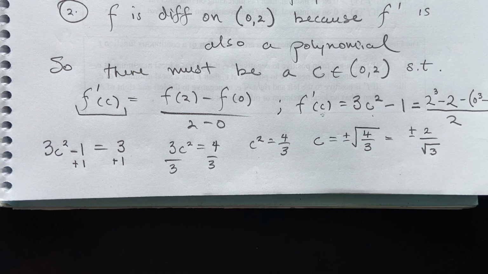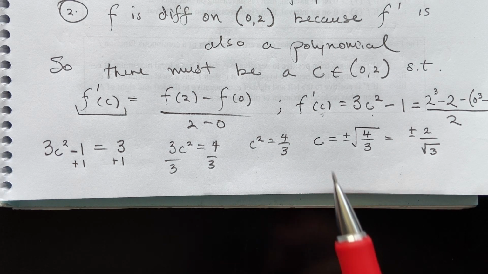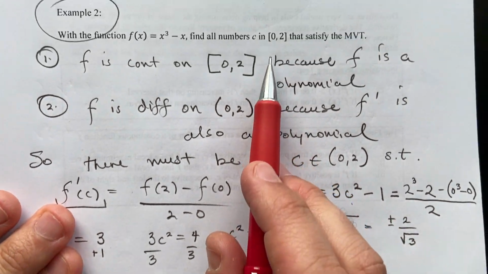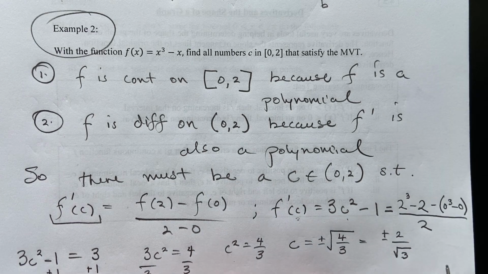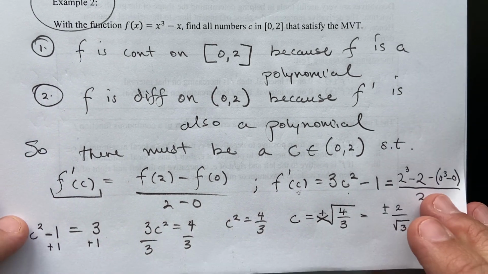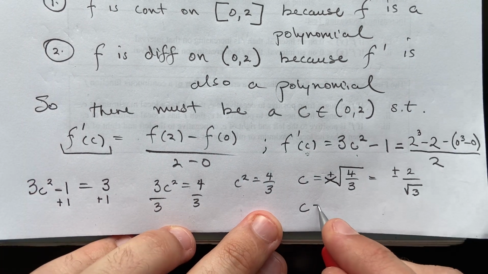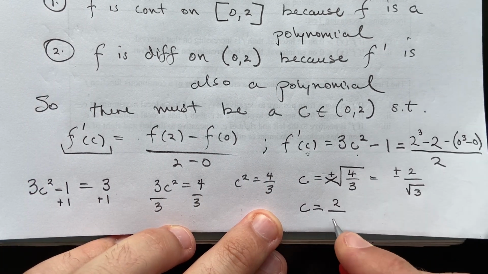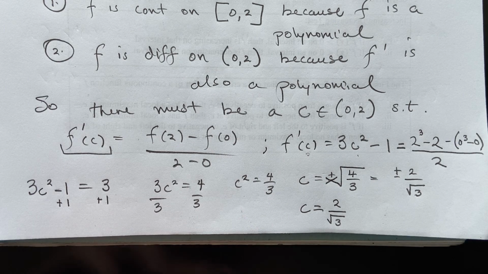Let me just do that real quick. 2 divided by root 3 is 1.15 about. So that does fall in this interval here, this 0 to 2. But I'm going to write it in exact form. So I'm throwing out the negative, and we'd have c equals just 2 over root 3. I don't care if you rationalize that.